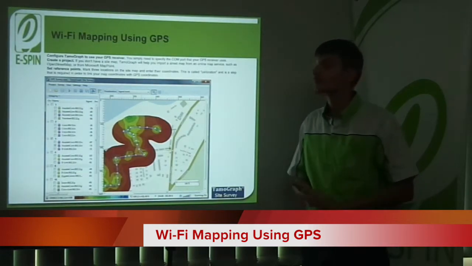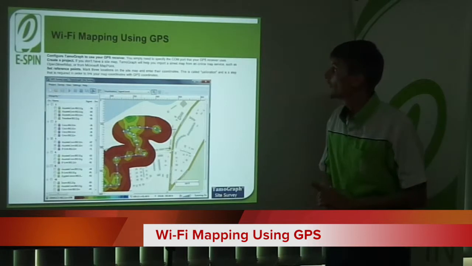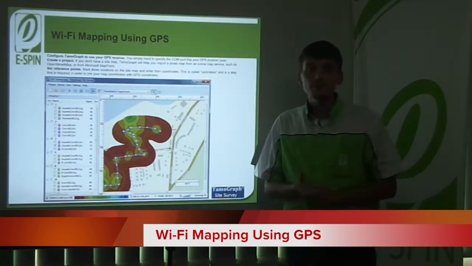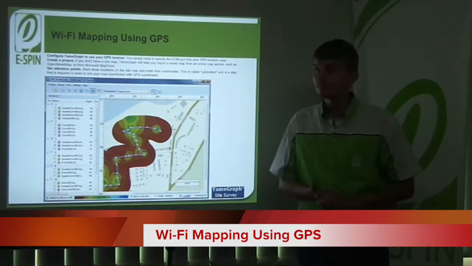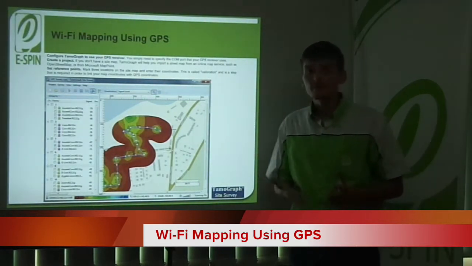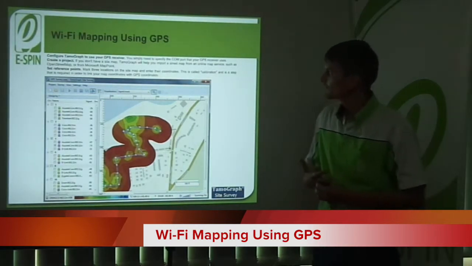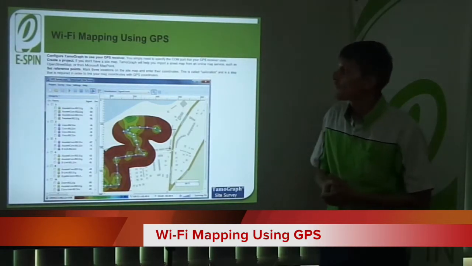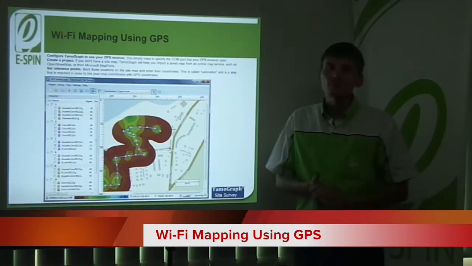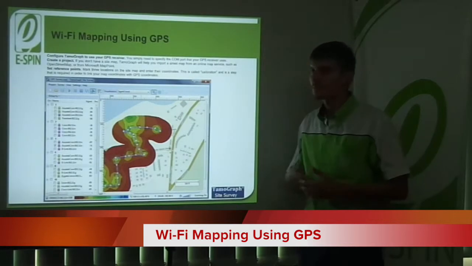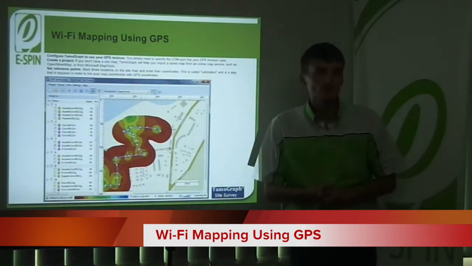You simply need to specify the COM port that your GPS receiver uses. Create a project. If you don't have a site map, you can simply download one from OpenStreetMap or from Microsoft MapPoint, and TamoGraph will help you with importing a street map from online services.